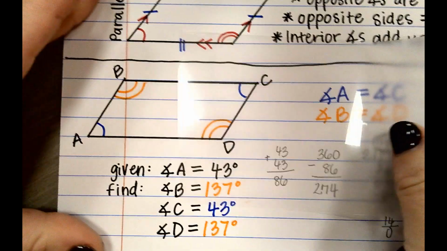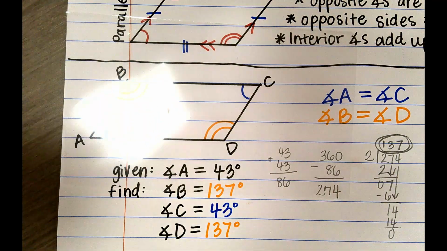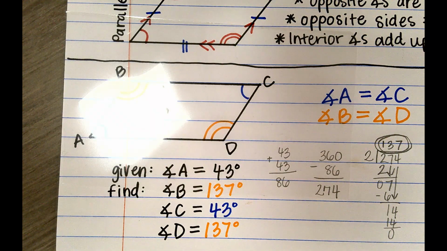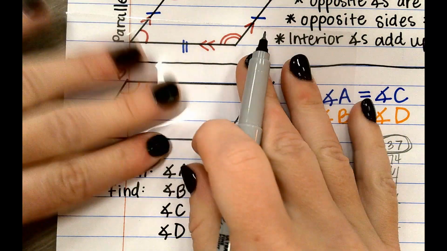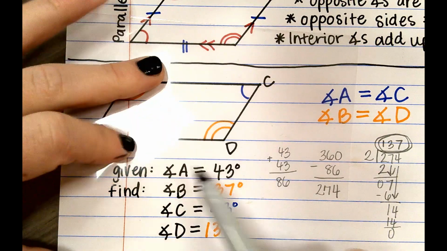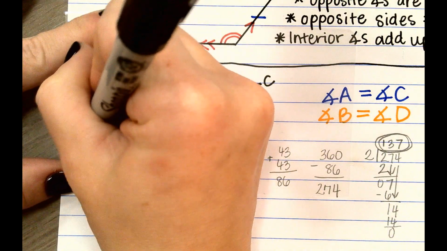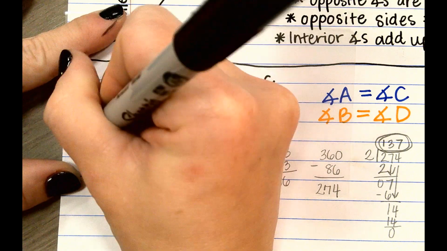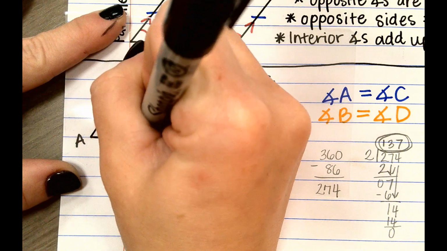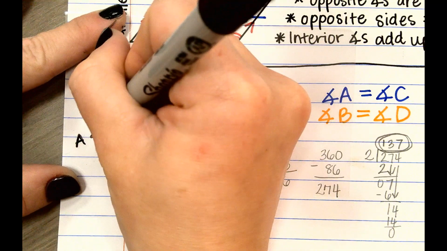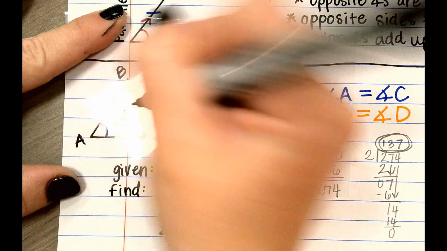Okay, so I have angle A, which is 43 degrees. So let me just trace over my angle A here. A is 43 degrees.